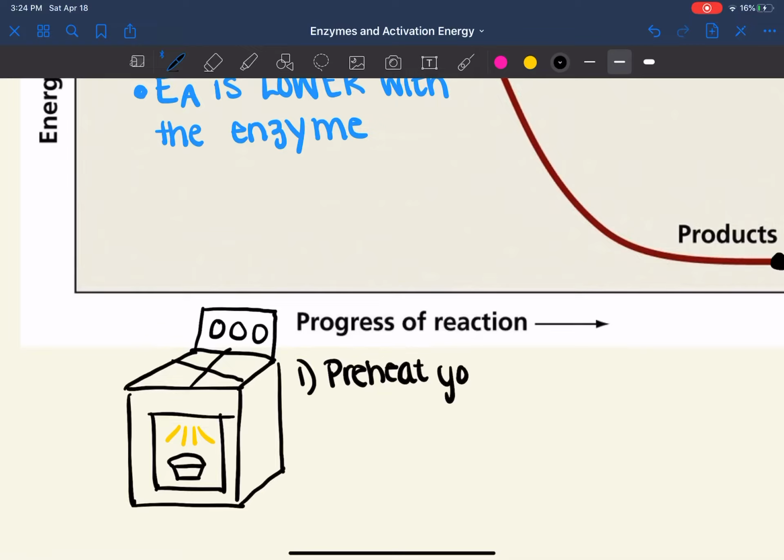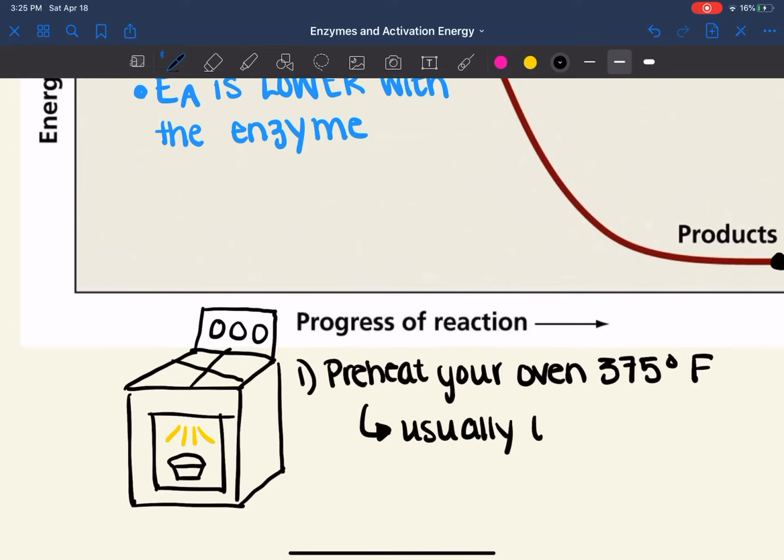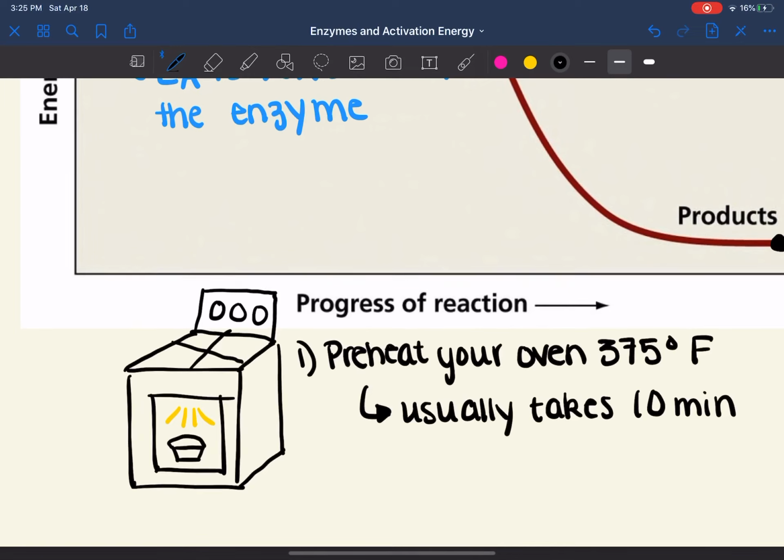Preheat your oven. Let's say we have to heat it up to 375 degrees Fahrenheit. Usually this takes about 10 minutes. Okay, this usually takes about 10 minutes.